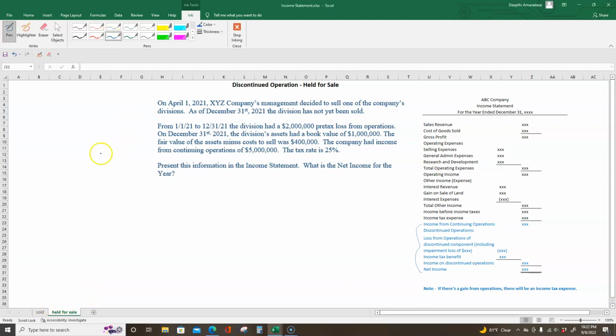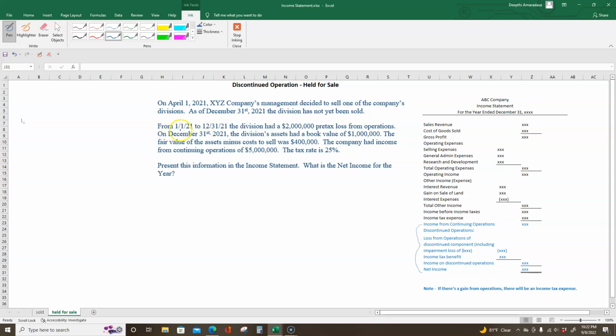We know that we have to report two things as regards numbers. First, revenues, expenses, gains, and losses for the discontinued component from the beginning of the year until the end of the year. Since it has not been sold at the end of the year, we have to report all the revenues, expenses, gains, and losses for the entire year.